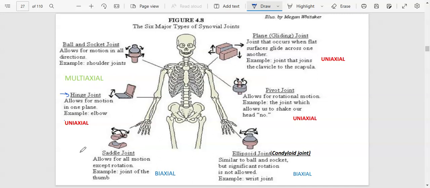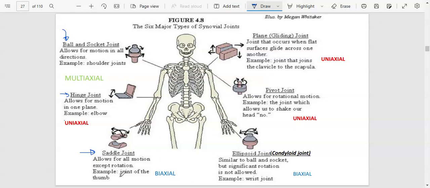We also have what we call the saddle joint, which is a type of synovial joint. A saddle joint allows for all motion except rotation. So the ball and socket also allows rotation, but the saddle allows motion in any direction, but there will be no rotation.